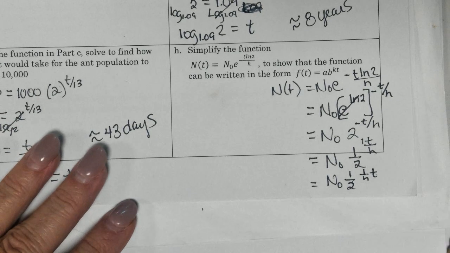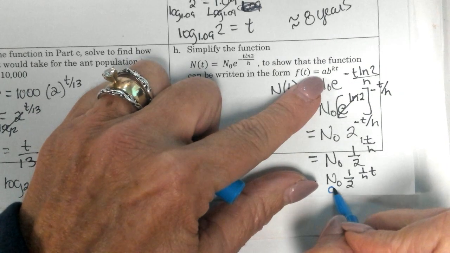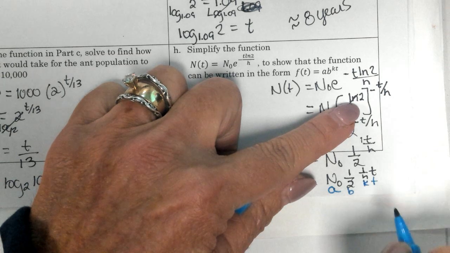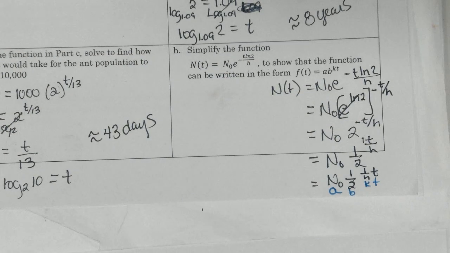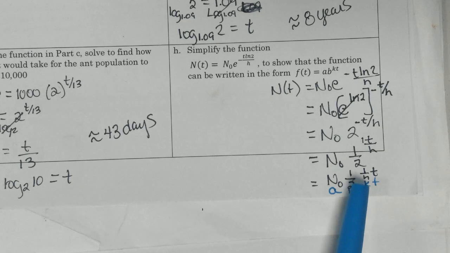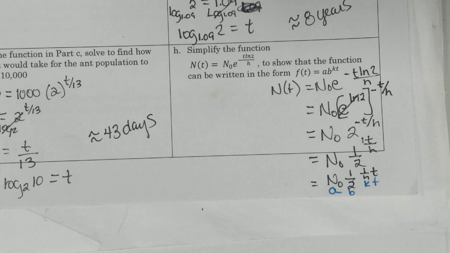That is the exact same thing as a times b to the kt power. A is N sub 0, b is 1/2, k is 1 over h, and t is time. So even though these formulas look super different, they all work their way around and have the same meaning. It's all the same thing.